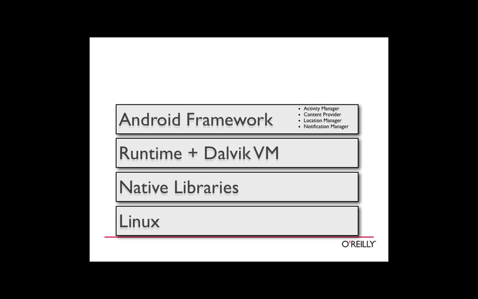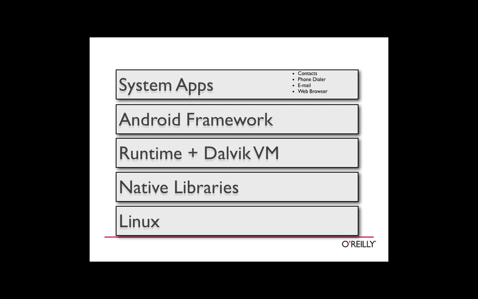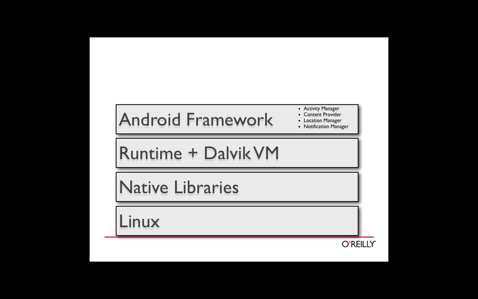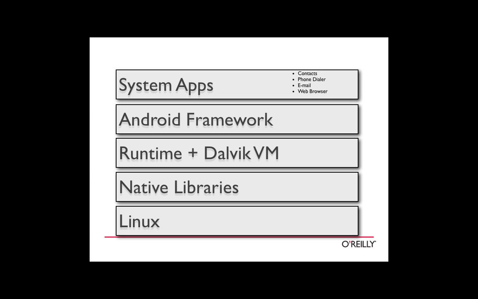That Android framework gives you access to some software that's already ready to go for the user. So there's things like the contacts. Actually, no, that's the system apps. That's the next one, reading ahead a little bit. But that framework gives you some classes that you'll use to compose your applications together using the common framework that all of the software on the Android devices uses, even the system apps that ship with your phone, like the contacts, the phone dialer, all those things use the framework just like you do.